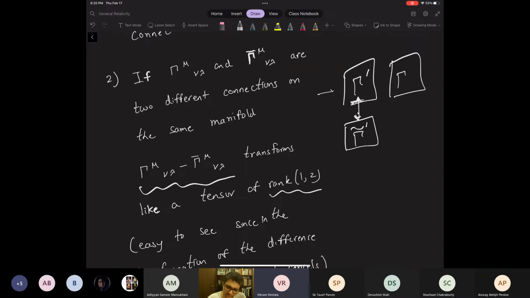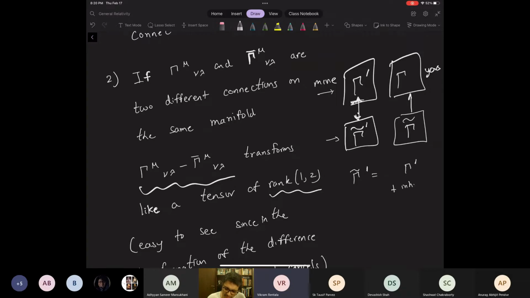So this is mine, this is yours, and this is yours transformed to a different basis, and this is mine transformed to a different basis. Now, what we've seen is that the difference between gamma prime and gamma is this.